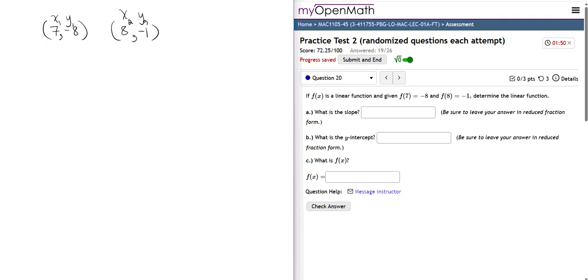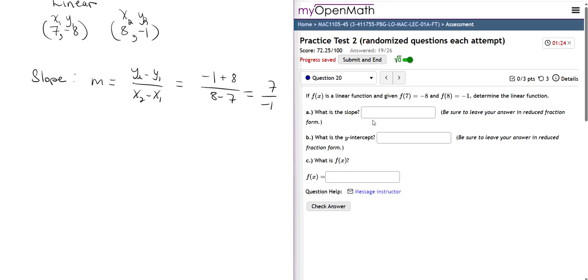And so it said it was linear, right? So then once the slope, which is the difference between the y values over the difference between the x values, so then I'll have negative 1 plus 8 over 8 minus 7, which is 7 over negative 1, and that's negative 7.